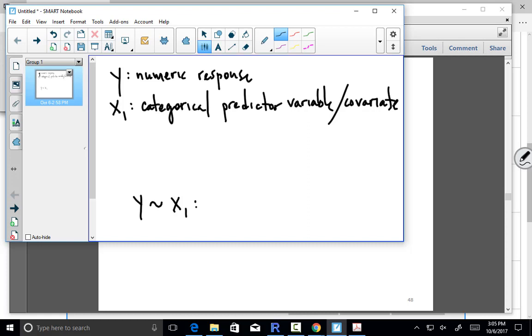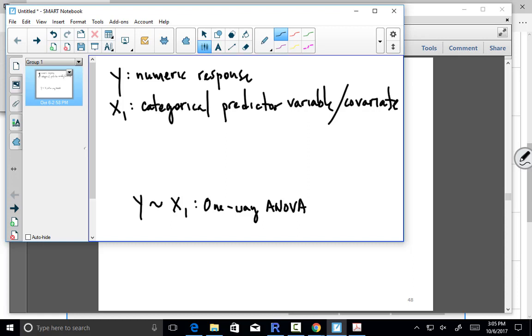So if I just had one categorical predictor variable, this would be an example of one-way ANOVA. Our y in this case is a univariate variable. I'm not talking about vectors and multivariate. Usual one-way ANOVA is when you want to compare the mean response between the levels of a single categorical variable.